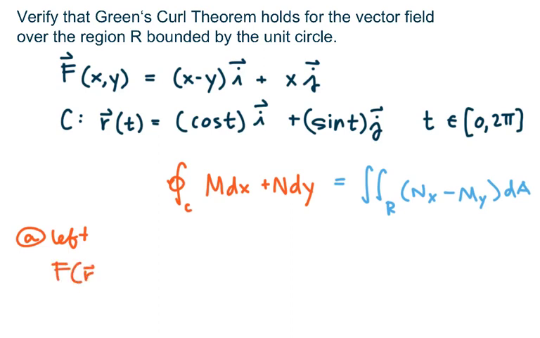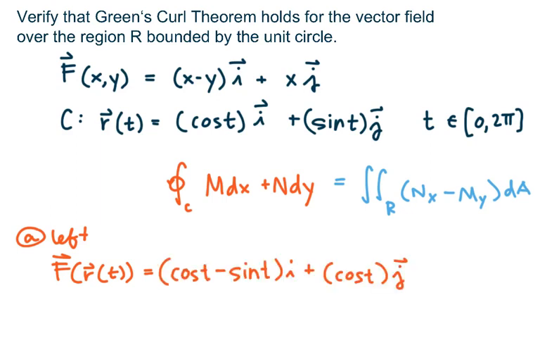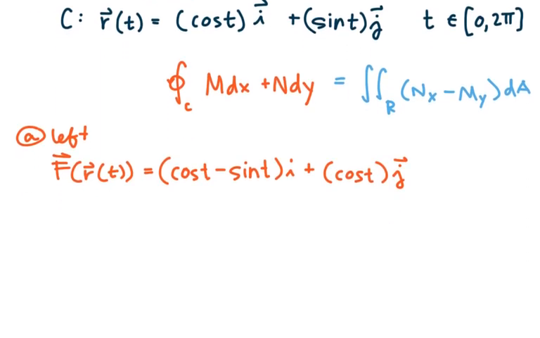So F of r of t, well, that is going to be (cosine t minus sine t) i plus cosine t j. At this point, I know what my M and N values are, I just need to take the derivative of x and the derivative of y. So I'm going to set this up here.